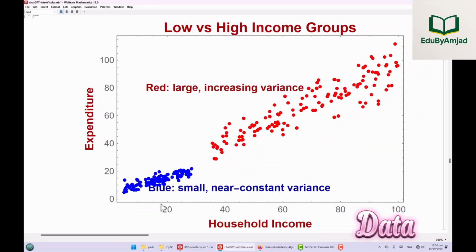If we plot data for low-income families, the graph will look like the blue points, because their spending is limited and the variation is small, almost constant. Now, if we plot data for high-income families, the graph will resemble the red points, since their spending varies widely, showing a large and increasing variance.